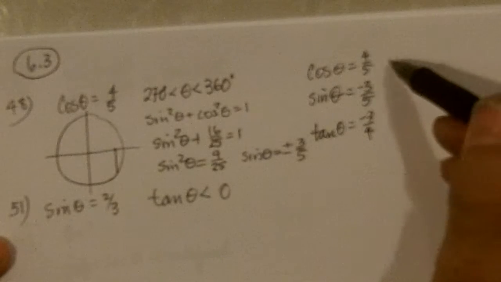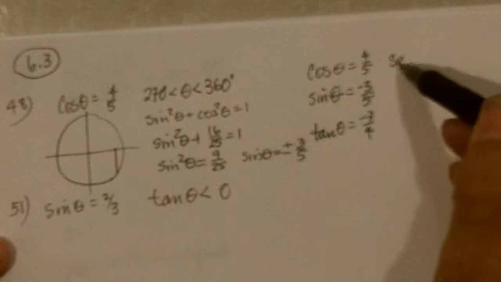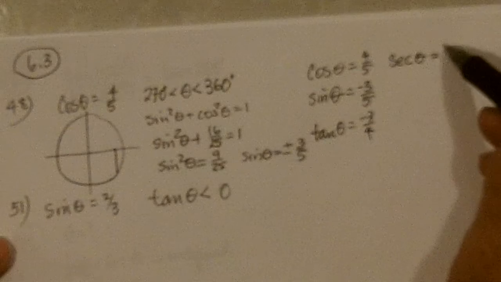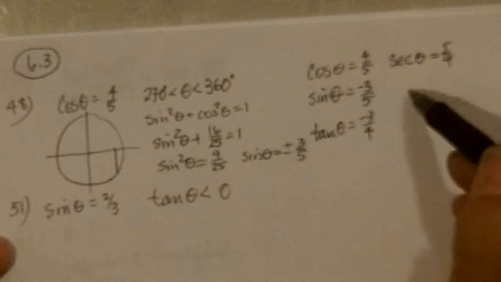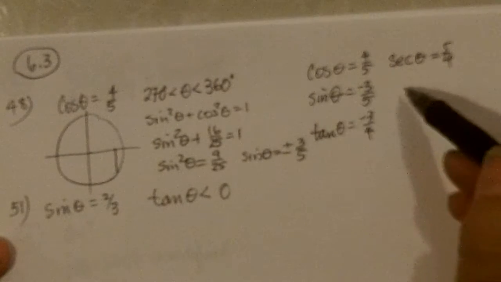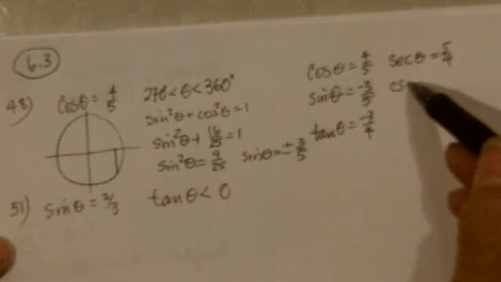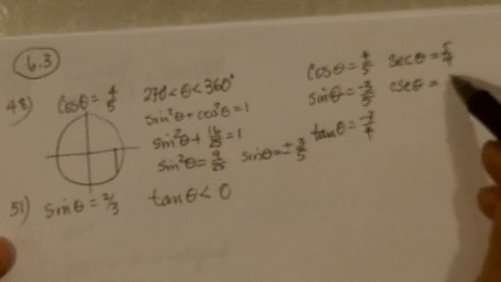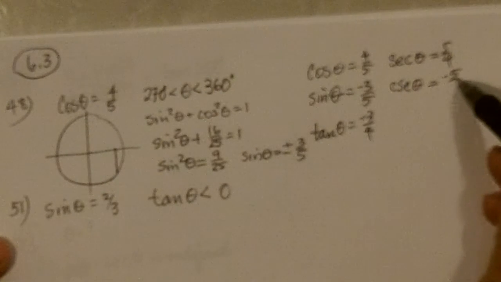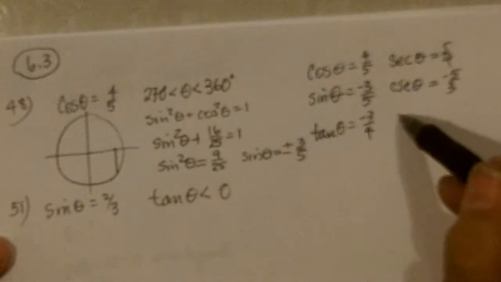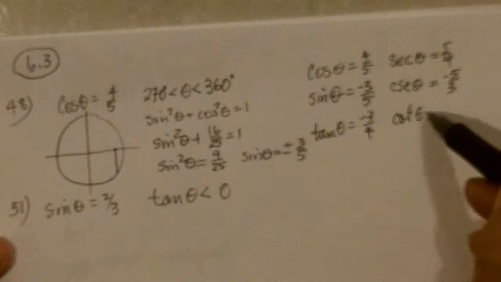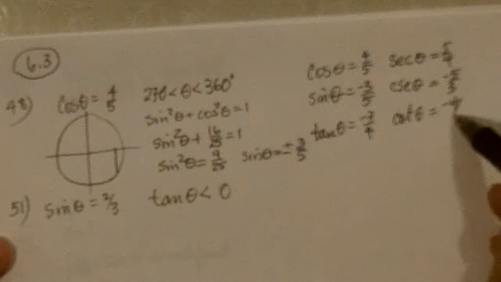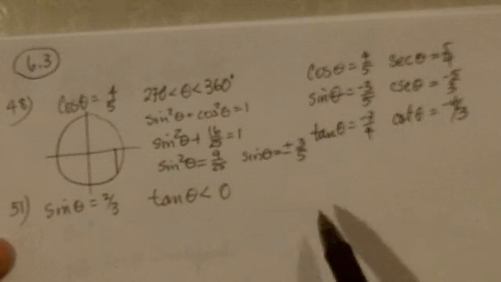The reciprocal of the cosine, secant, has to be 5/4. The reciprocal of the sine, which is cosecant, would have to be negative 5/3, and the cotangent of the angle would be negative 4/3.